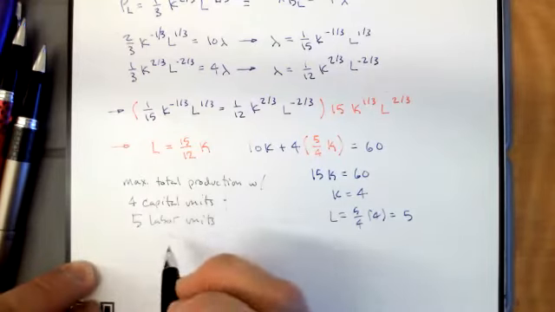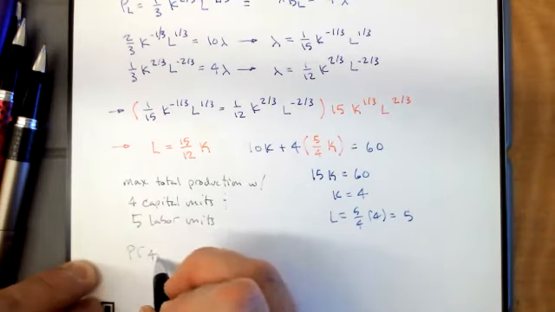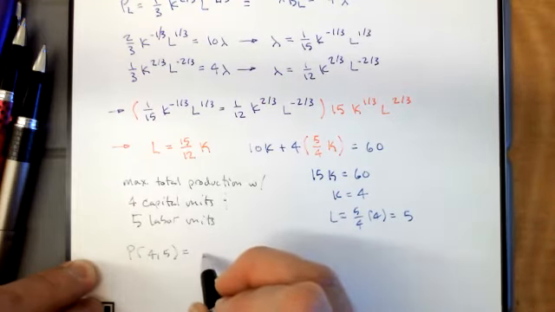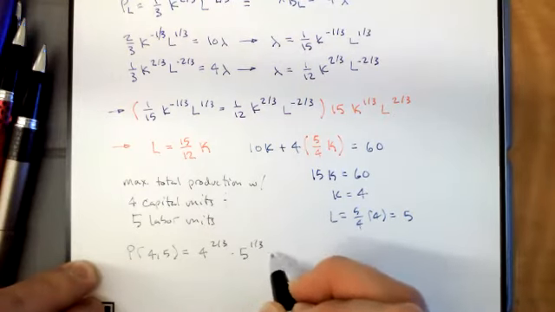And we can even calculate what that maximum production is, whatever that happens to mean. 4 capital and 5 labor is going to be 4 to the 2/3 times 5 to the 1/3.